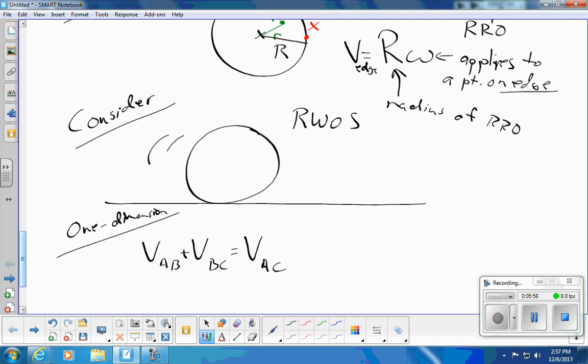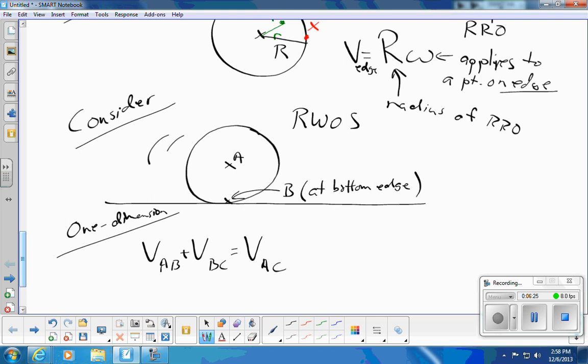And I'm going to apply that to this particular situation, wherein I am going to choose three different frames of reference. One is the axis of this wheel, or this round thing, which is rolling without slipping. I'm going to call that A. The second point is on the very edge on the bottom, and that I'm going to call point B at the bottom edge.